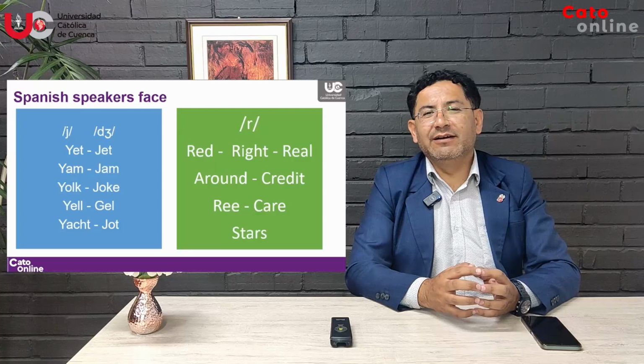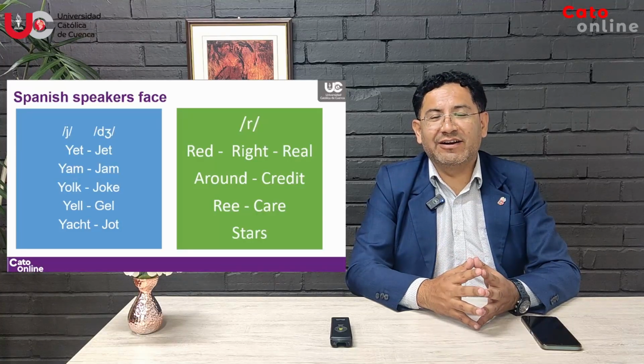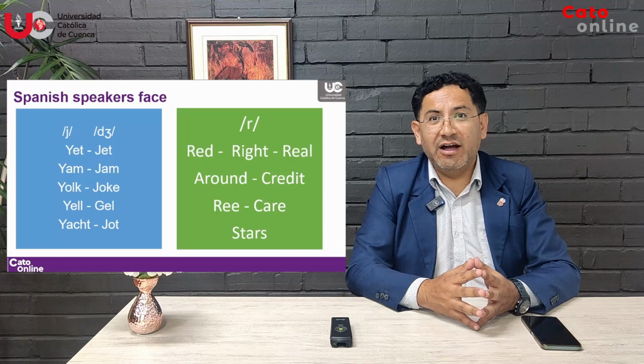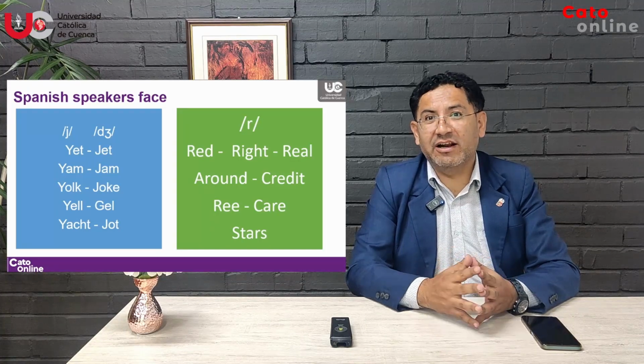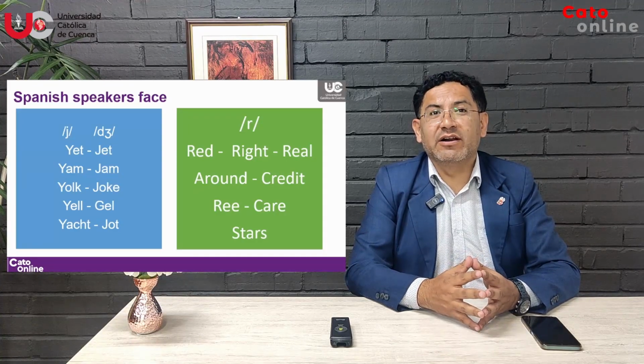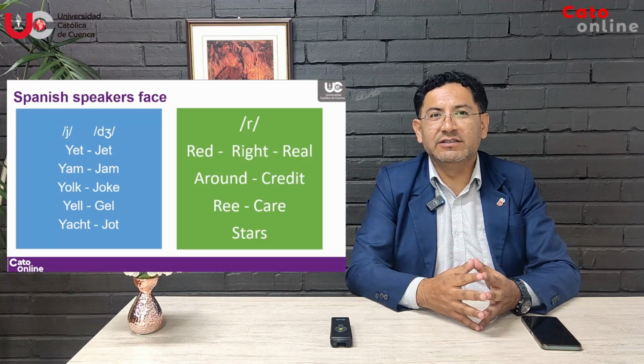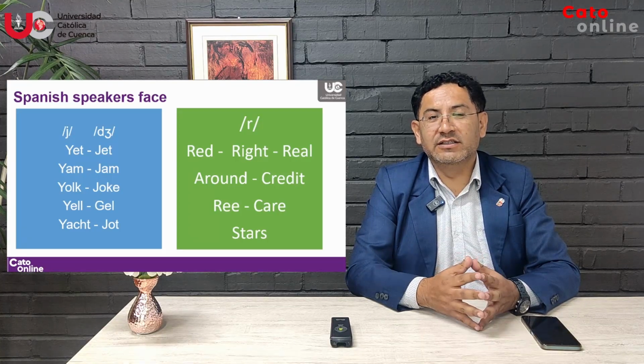Okay, what about R? We have the same situation: red, right, real, around, credit, care, red, right. We have to avoid the rolled R in red, right, real, around.